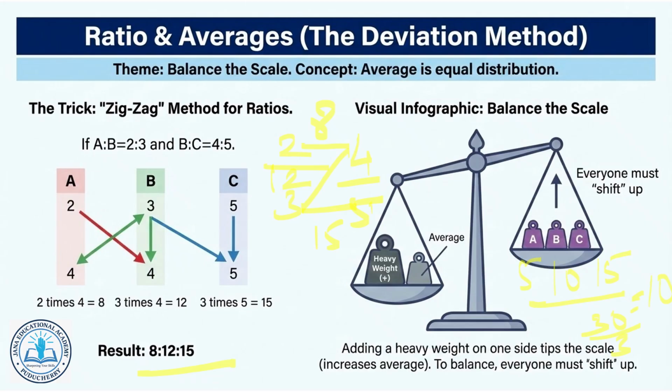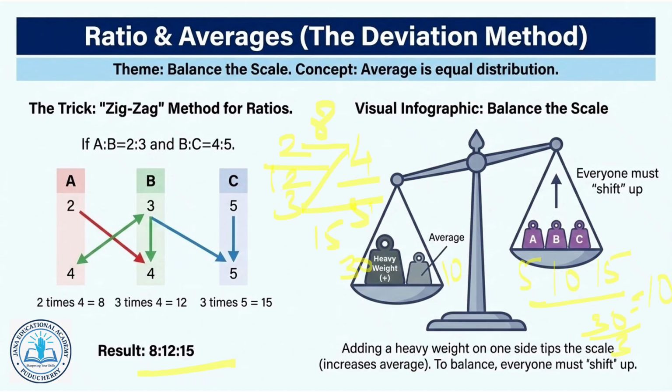Now see that on the opposite side, the other guy's average is 10 only, but a heavyweight guy came here, suppose 30. What happened? It will be increasing. Whenever a heavyweight is added to the average, it will be a higher value. You have to keep that in mind.